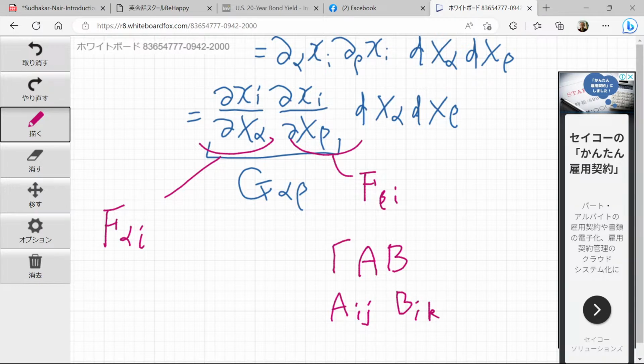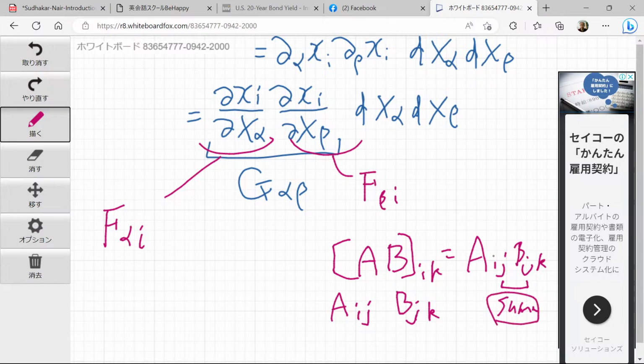So this matrix ik element can be written as A ij B jk, so this is a summation over j.